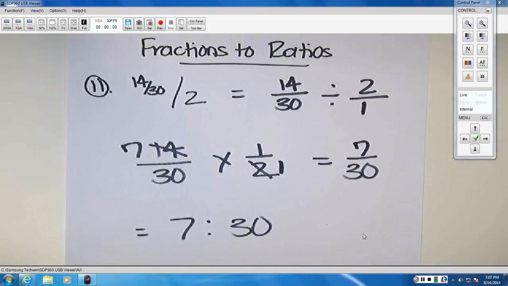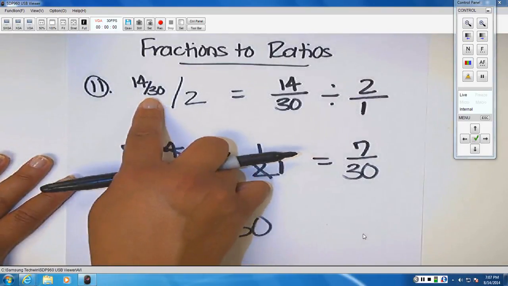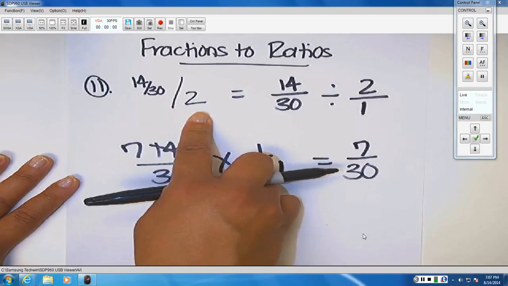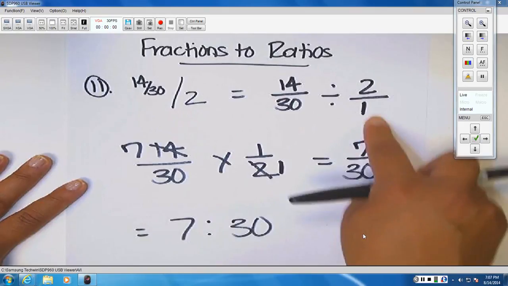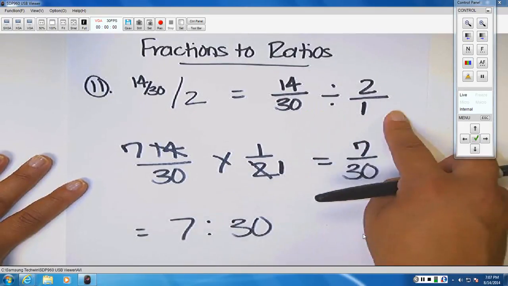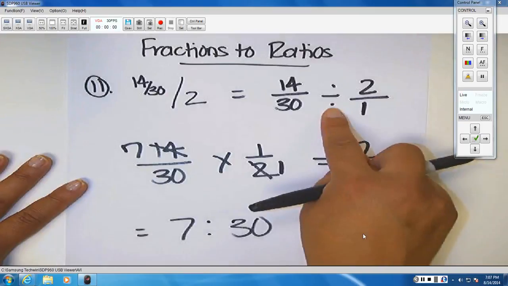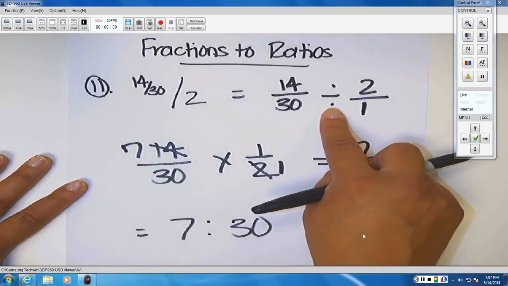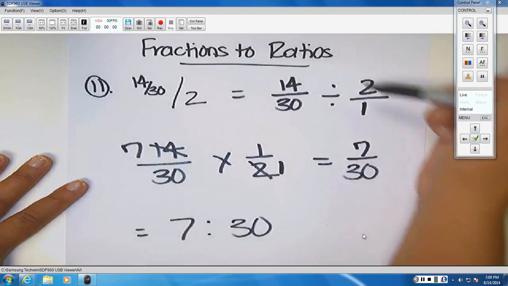Just to go over that one really quickly, just so I didn't confuse you, here's the problem that we started out with, 14/30 divided by 2, and we needed to turn that into a ratio. So we set up our equation like this, 14/30 divided by 2 over 1. We put a 1 underneath our whole number. To turn this division problem into something we can multiply straight across the board, we flipped this second fraction.